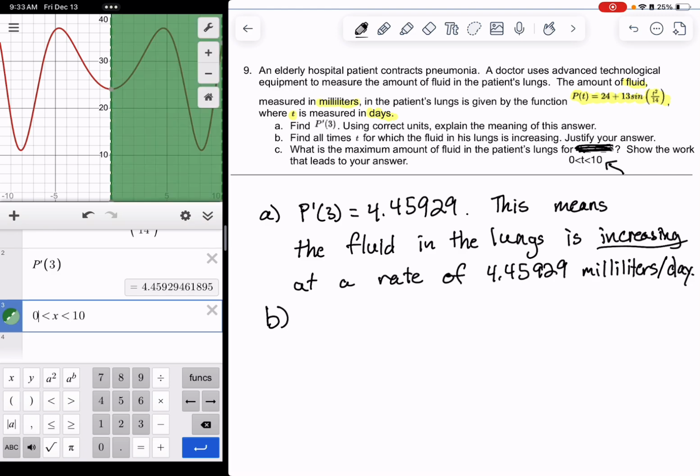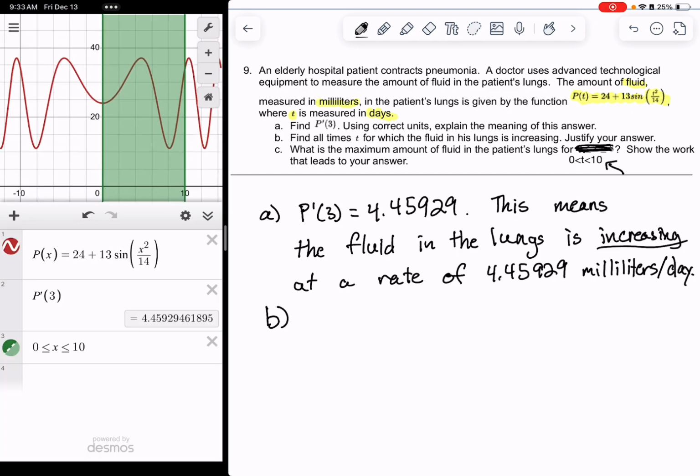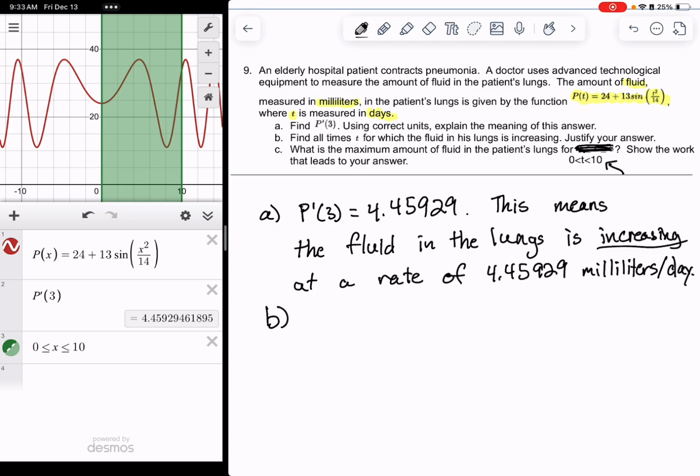We could put less than or equal to. So there we go. We're looking in that zone there. We want to find when it's increasing. It looks like it has a couple of zones of increasing. We kind of go uphill at the beginning, down in the middle, and then uphill again at the end.